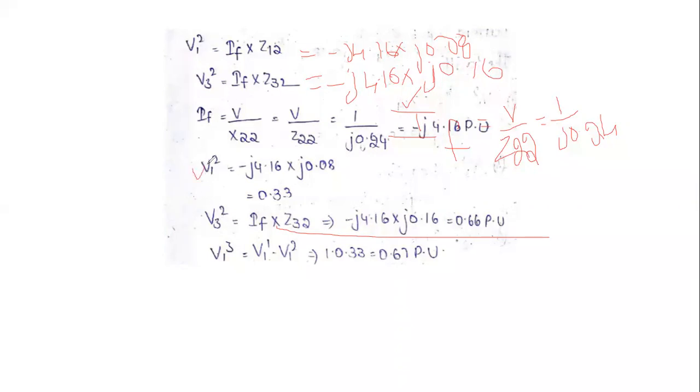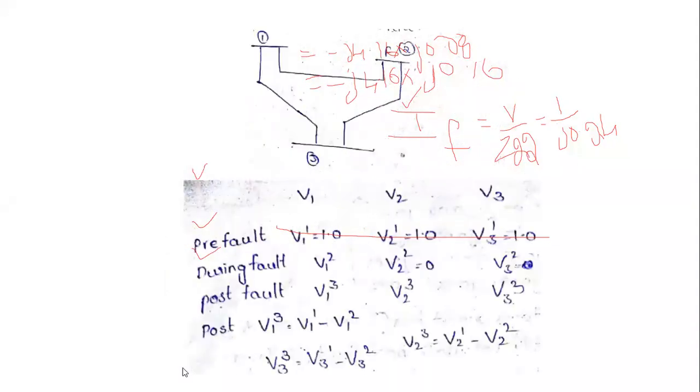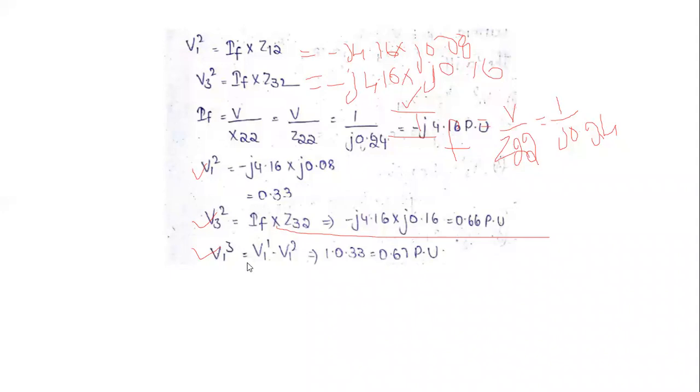After calculating V1 square and V3 square, we calculate V1 cube. What is V1 cube? The voltage at bus 1 during post fault condition. What is the formula? V1 power 1 minus V1 power 2. Substitute V1 power 1 equal to 1 per unit, which is already given in the question.